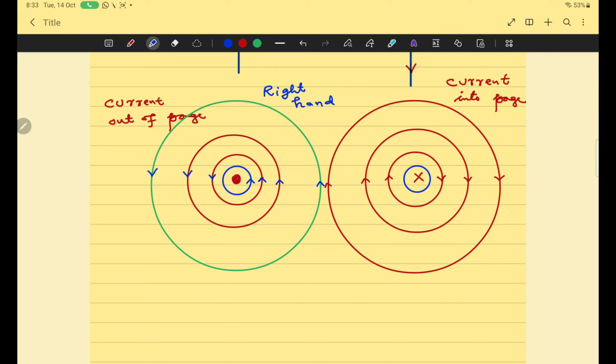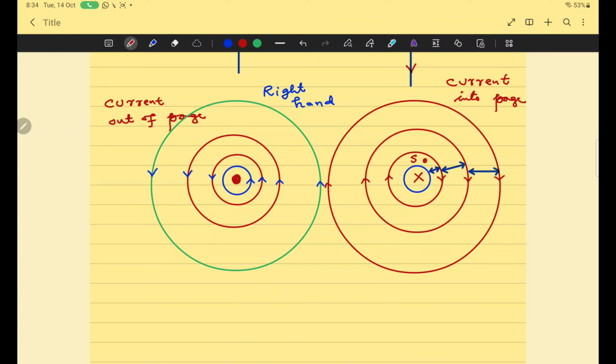And remember, the spacing between the magnetic field lines: this is short spacing, this is large spacing, this is more large spacing. It means the spacing of magnetic field lines increases as we move away from the wire. Sir, why? Because the magnetic field lines are close to each other here, it means the magnetic field is very strong here.